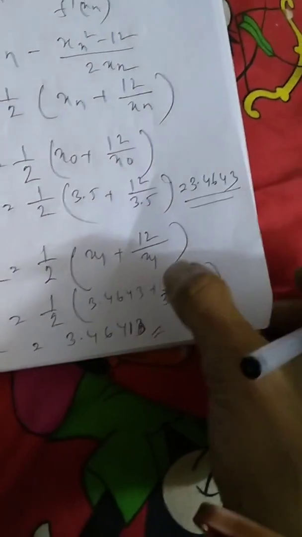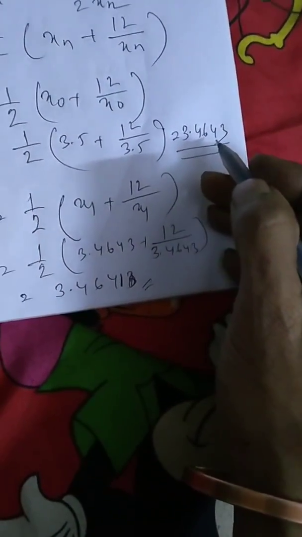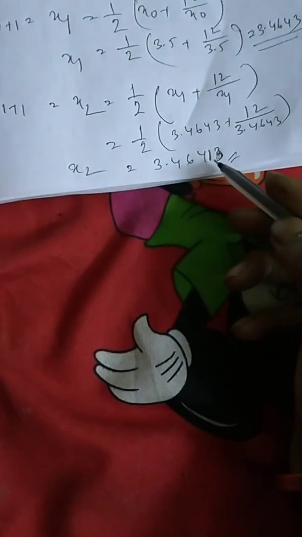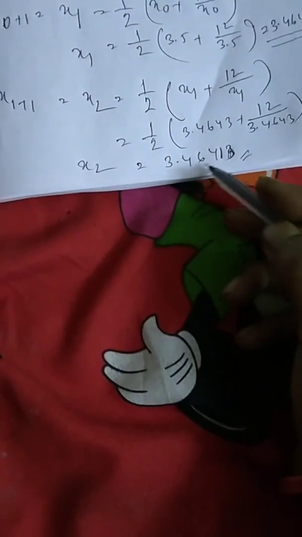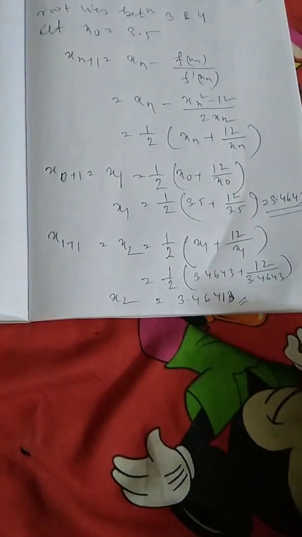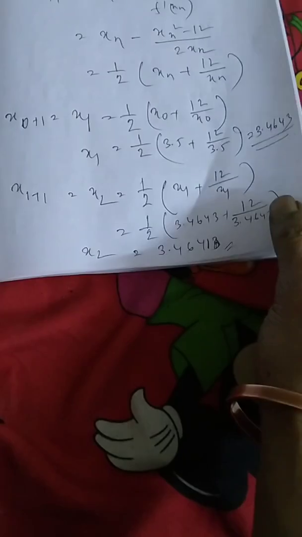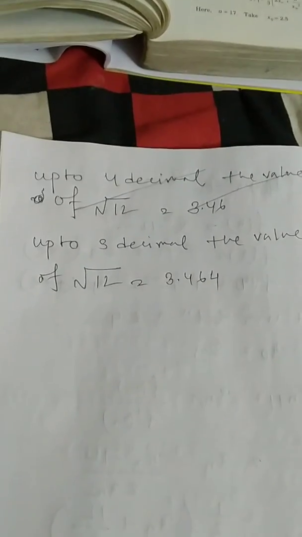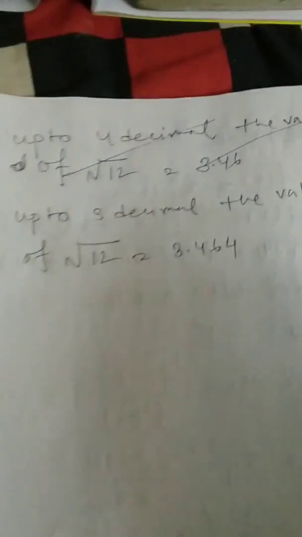Are you getting it? Because x1 is 3.4643 and x2 is 3.4641, so up to 3 decimals the answer is the same. That's why you can say the value of root 12 is 3.464 up to 3 decimals. Okay, thank you.